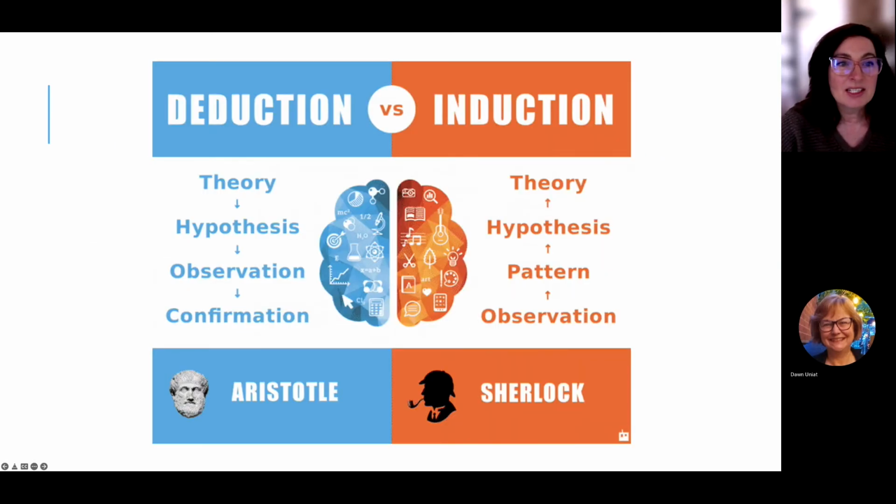At the beginning of this presentation, we said that we were going to take an inductive approach to reader response theory. But to explain that, we've put together a slide that focuses on the difference between deduction and induction. To give you an example, deductive reasoning starts with a theory. For example, all numbers ending in 0 or 5 are divisible by 5.